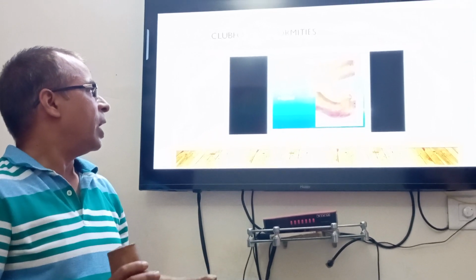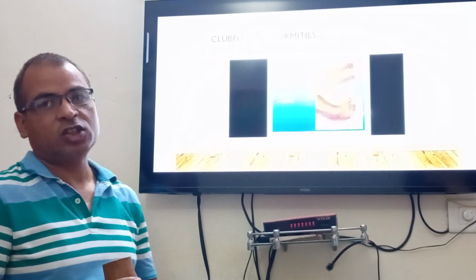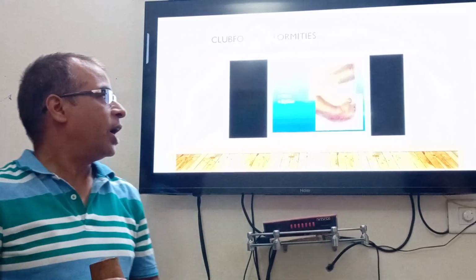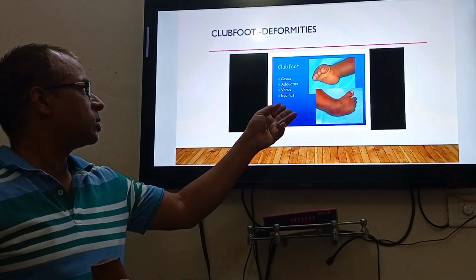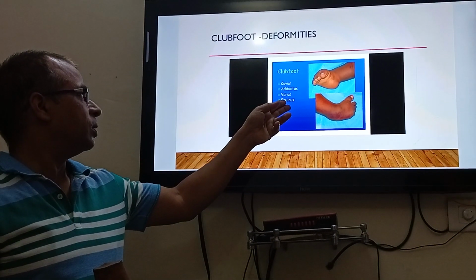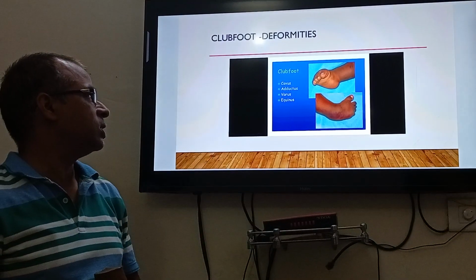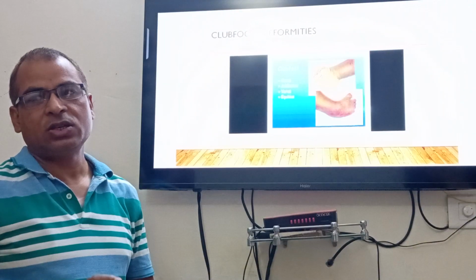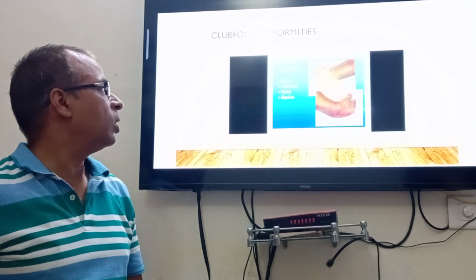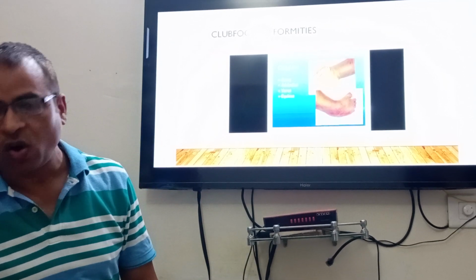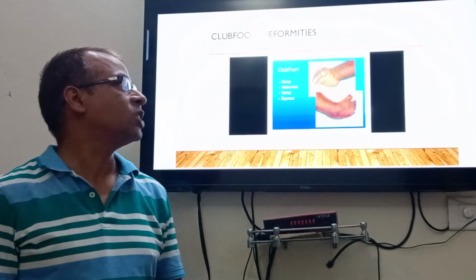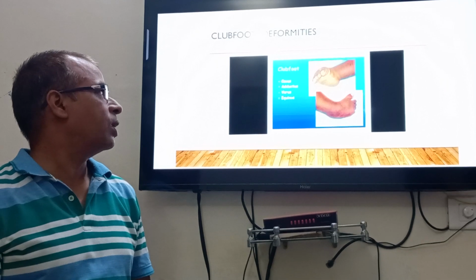And next is the varus deformity, and then equinus. So it makes CAVE, and this is the sequence of correction of the deformity. This should be followed, otherwise there is a chance of rocker bottom foot.